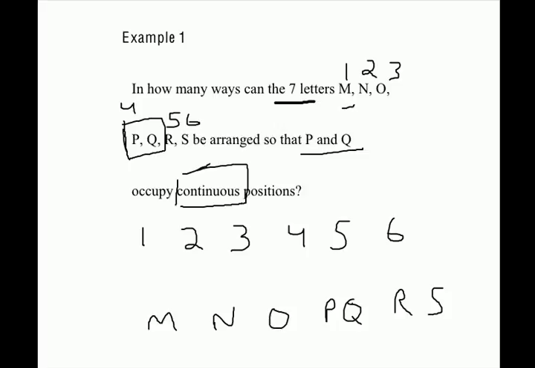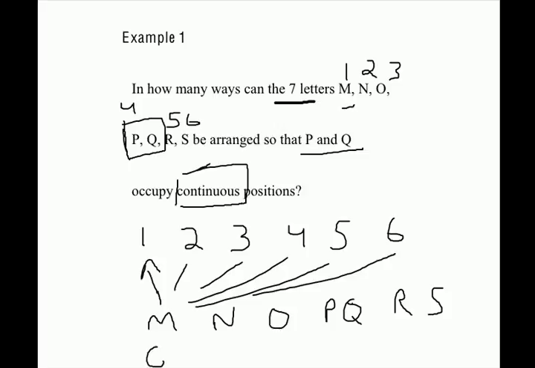So how many ways can letter M go somewhere? So it could go either to 1 or to 2 or to 3 or to 4 or to 5 or to 6. So 6 ways. So let's assume it goes to 1. So let us take out everything else.